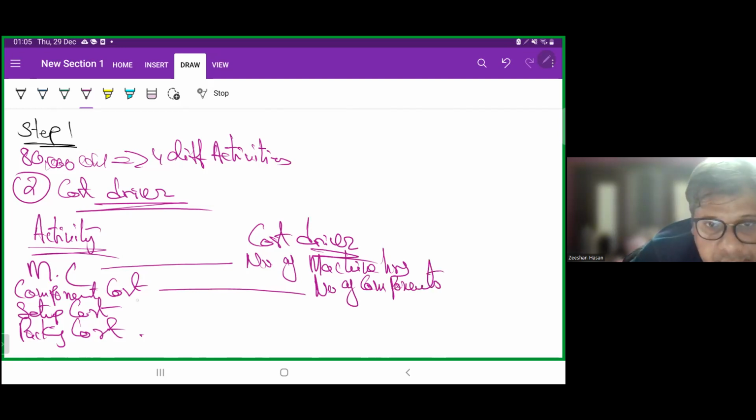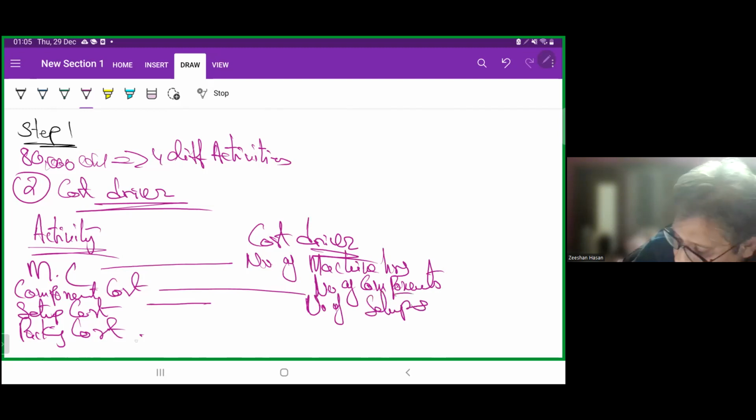For setup cost, we have number of setups. For packing cost, we have number of customer orders.